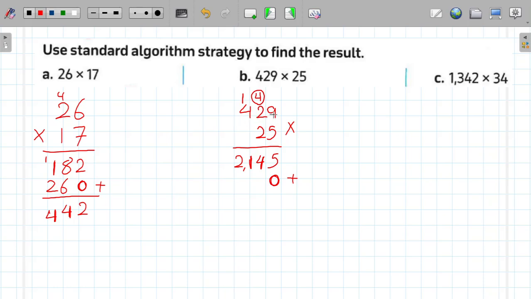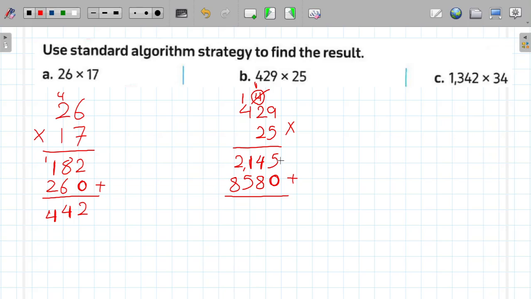So I have 9 times 2 equals 18. So I will write 8 and carry up 1. 2 times 2 equals 4, and 4 plus 1 equals 5. So I will write 5. Next I have 2 times 4 equals 8. So I will write 8.